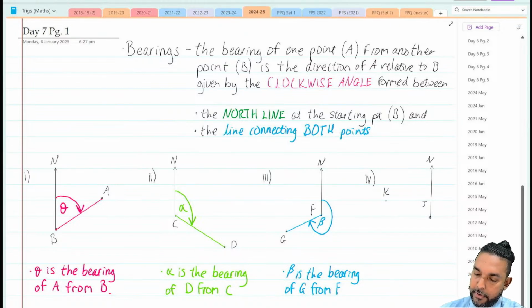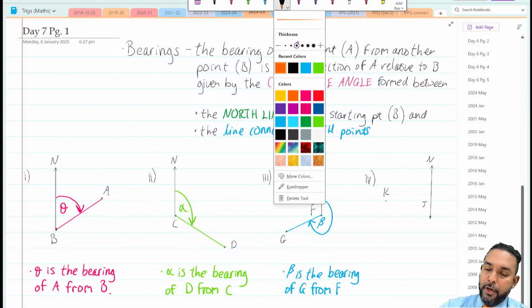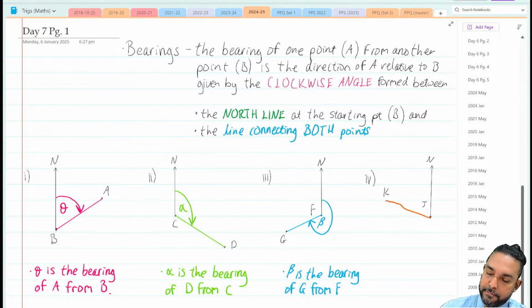So that's the north line there, and of course, we need a line connecting J and K, and then the clockwise angle, right? Which we'll put as gamma. All right, so gamma, a kind of weird looking Y, is the bearing of K from J.